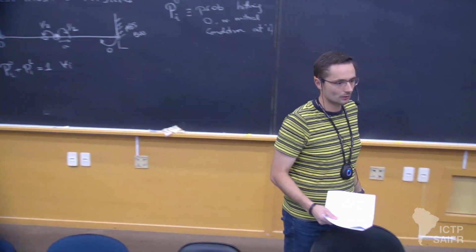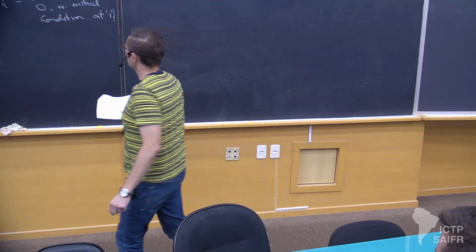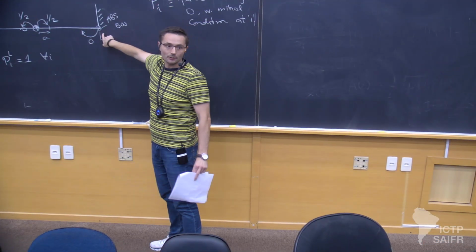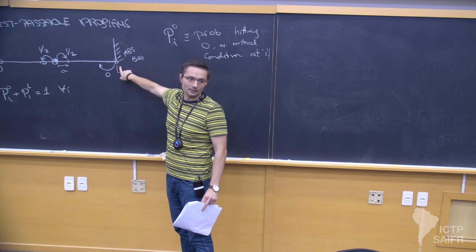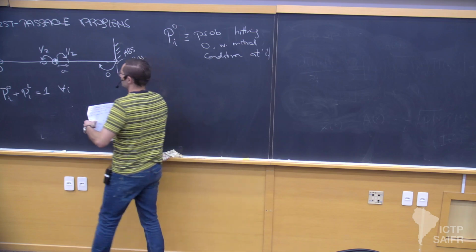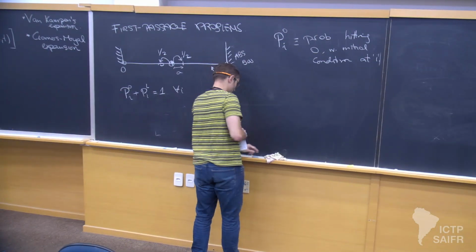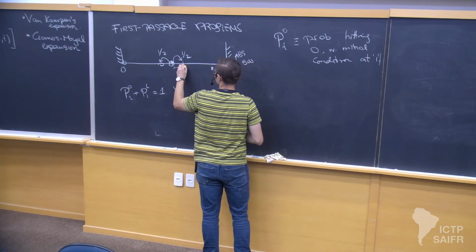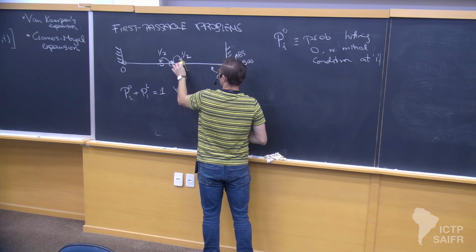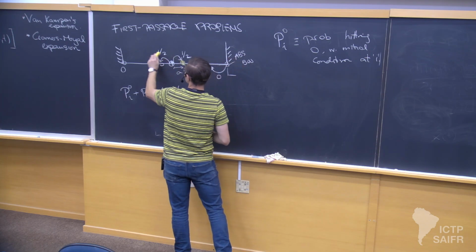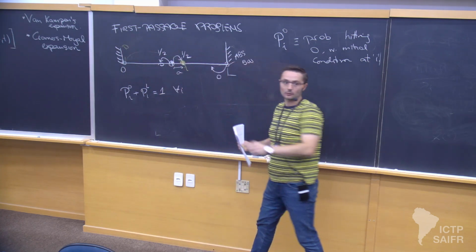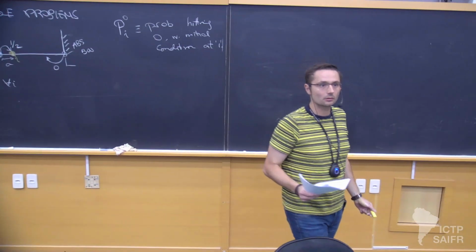Yes? What's the 0 subscript I? So this is the probability that I hit 0, of course, before hitting L, because if I hit L, then I die, and I never hit 0, starting my random walk at node I. So if my particle was initially here, I'm interested in calculating the probability that I will hit 0, of course, before I hit L, because if I hit L, I will never get to 0.